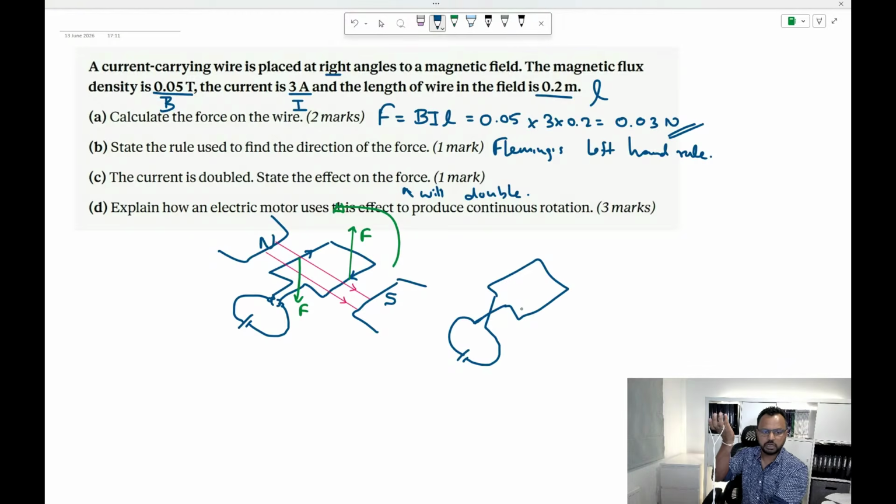This will all get twisted up, right? It's not going to work, is it? So what we need instead is to use a slip ring commutator, and it flips the direction every half turn. So this is free to move, and this doesn't happen.